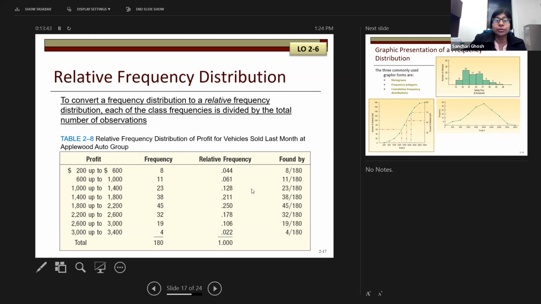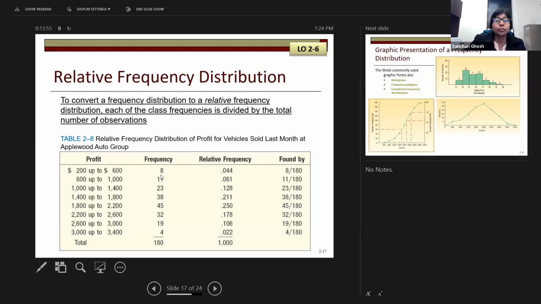Now, what is relative frequency? Actually, I can show you the lecture slides itself, not a big deal. For relative frequency, the sum of the total frequencies that you get should match the number of observations you have in the data set.